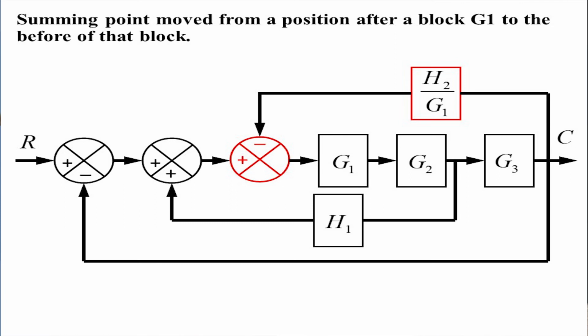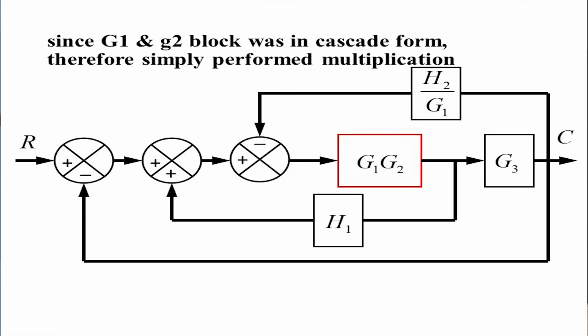Next, G1 and G2 are now in cascade mode, so simply multiply them. Follow the red mark, which is constantly changing through the blocks. When you multiply both blocks, you get G1 G2. Now again draw a new diagram with these changes.